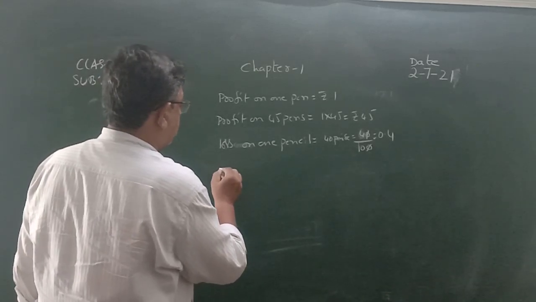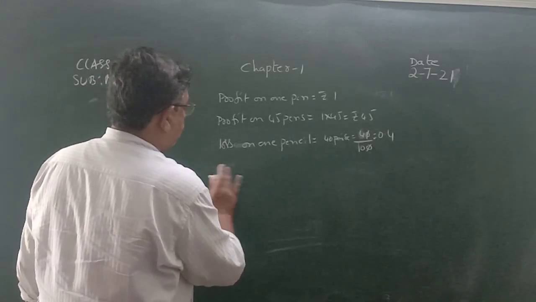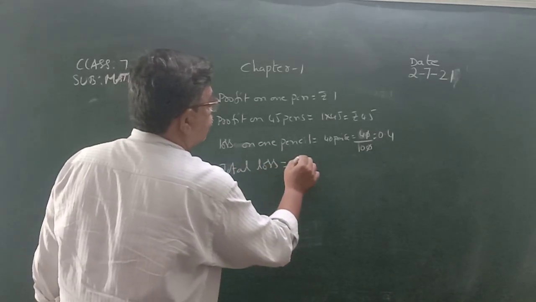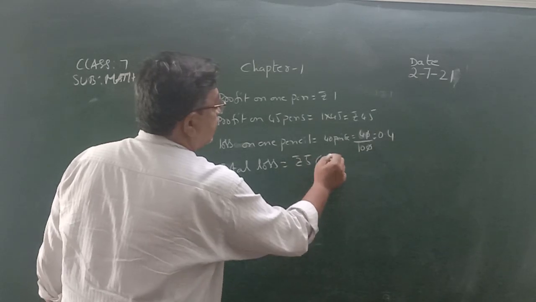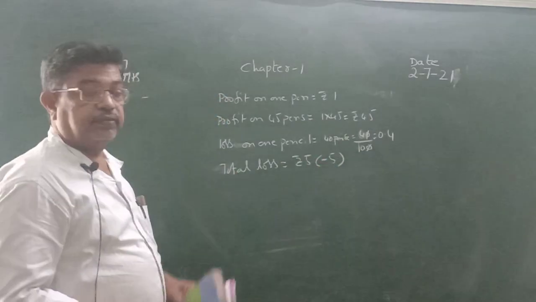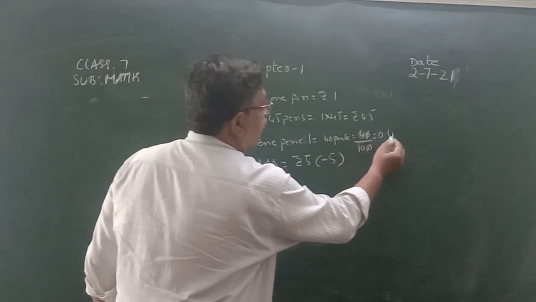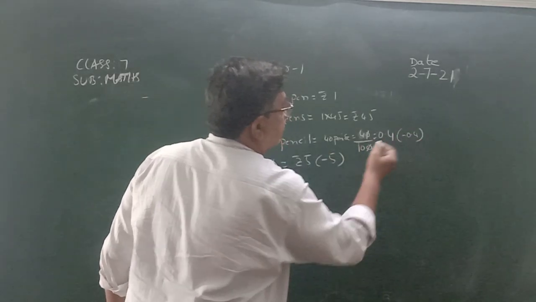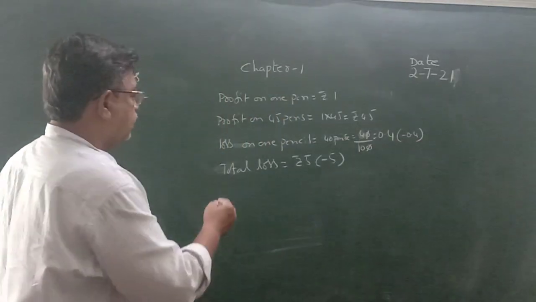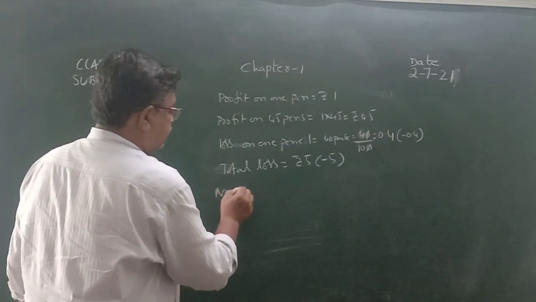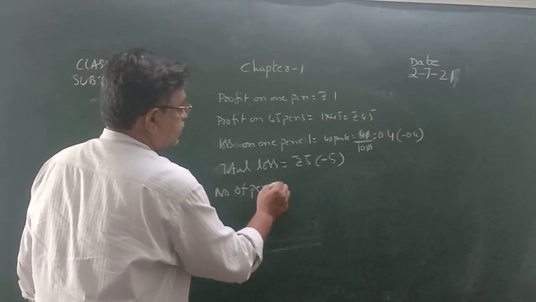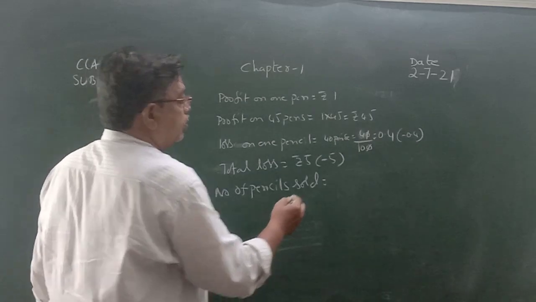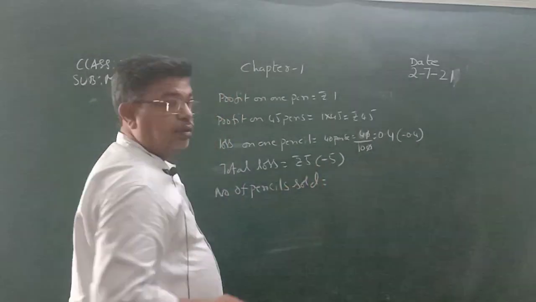0.4 rupees. Therefore, the total loss on the whole is equal to rupees 5, or you can consider it as minus 5. The loss on 1 pencil is 0.4 rupees, that is equal to minus 0.4, because it is a loss. Therefore, the number of pencils sold is equal to, what is the loss on the whole?